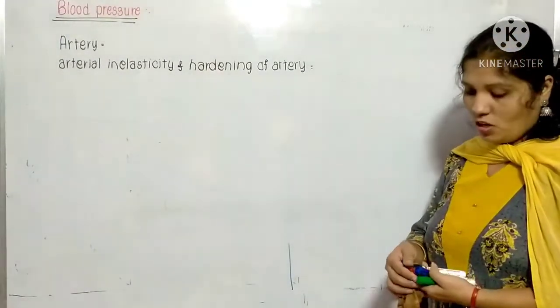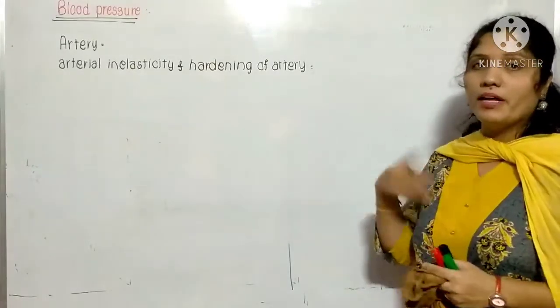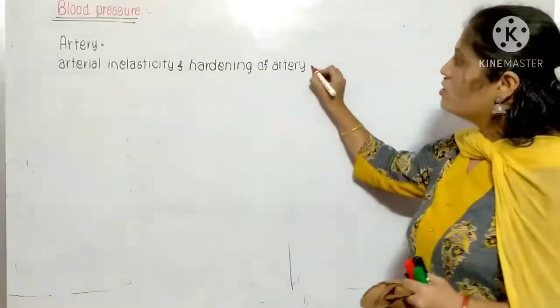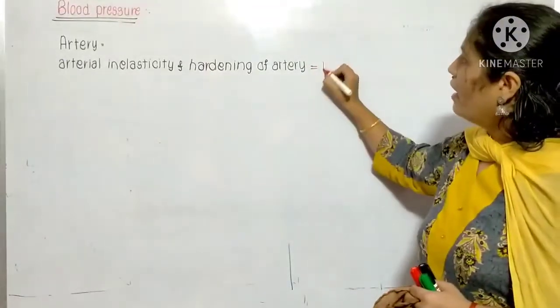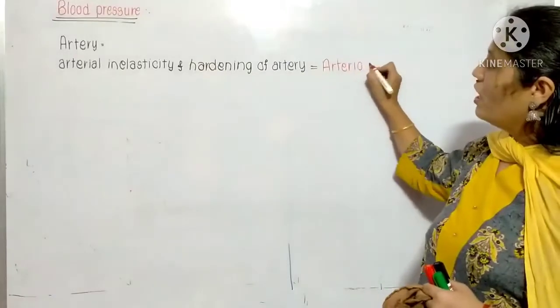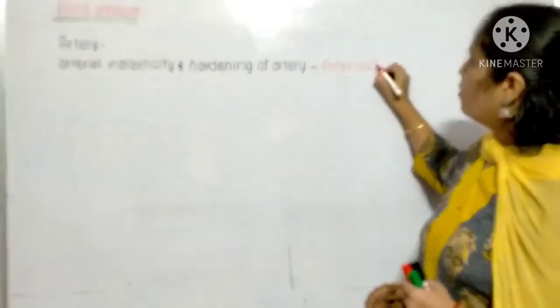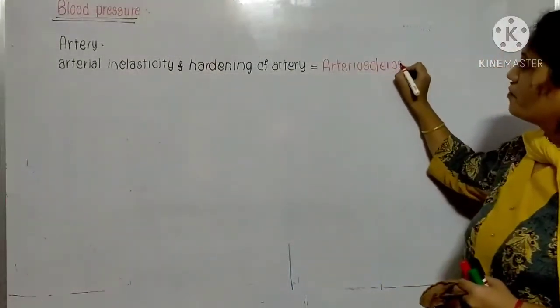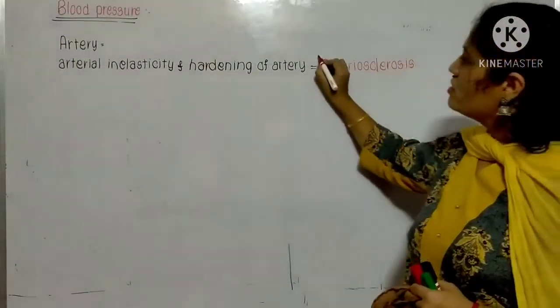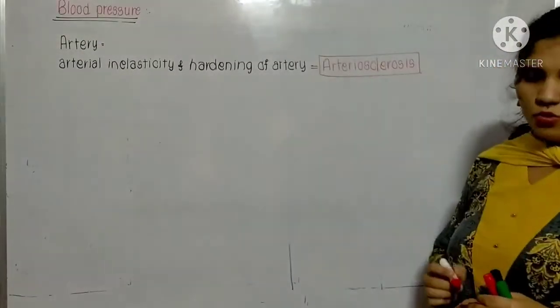If the arteries are not contracting properly, if the middle layer, the tunica media, becomes hardened, it causes one disorder, which is known as arteriosclerosis. Remember this concept, it is known as arteriosclerosis.